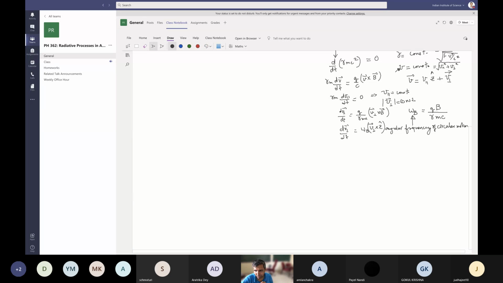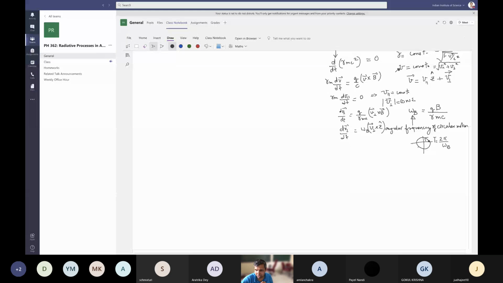So this is like a frequency. This electron, which is going around in the phi hat direction, completes one circle in 2 pi by omega b. This is the time period.